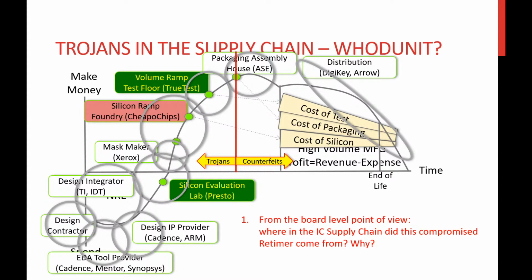If the process was stable and achieved an 80% yield, then just one wafer lot will produce 40,000 good parts. That's a lot of Trojans to distribute into electronic products. This number of die being sent to a packaging house would seem to confirm to the packager that this order represents a legitimate product.